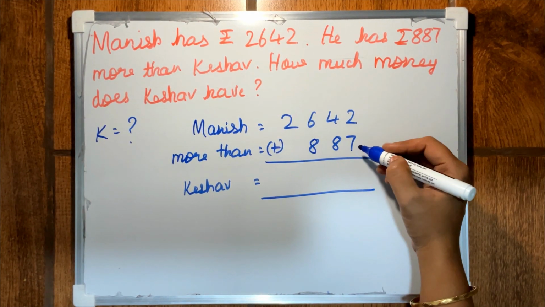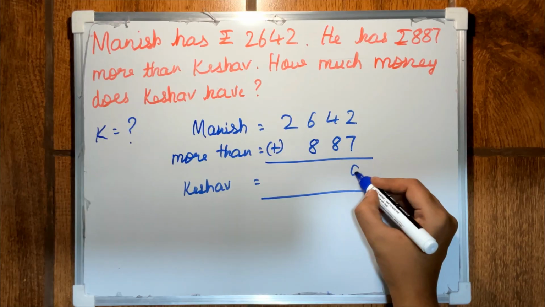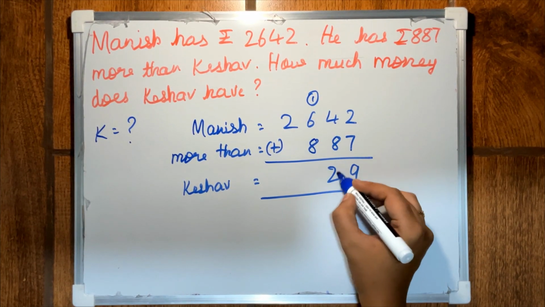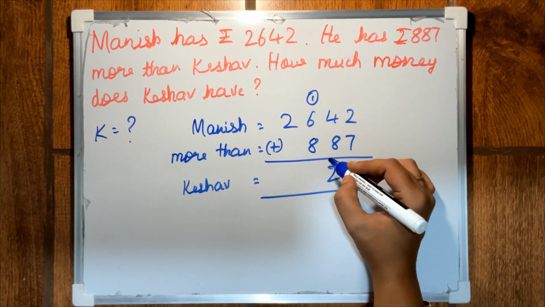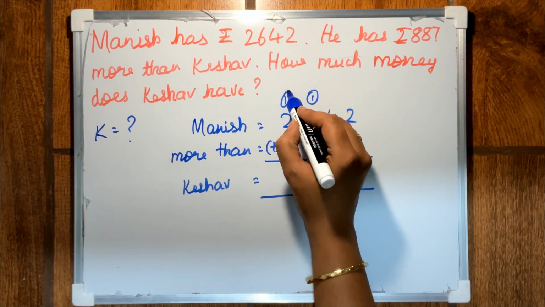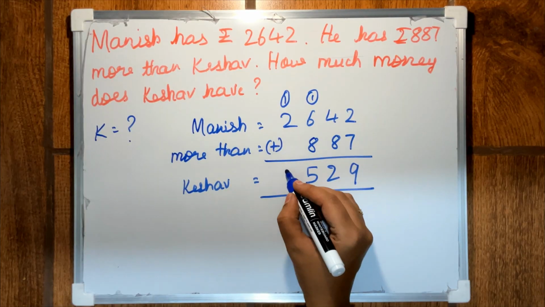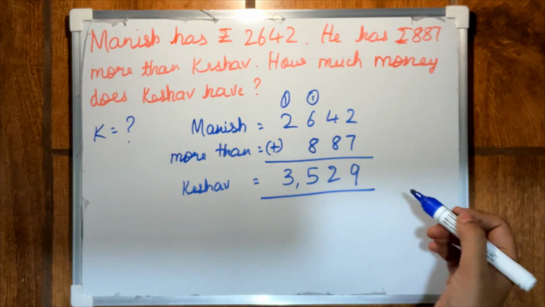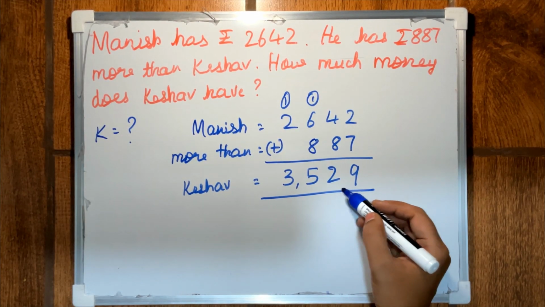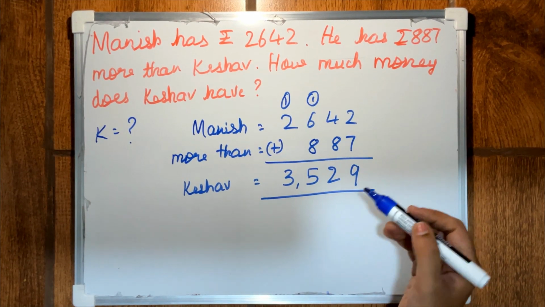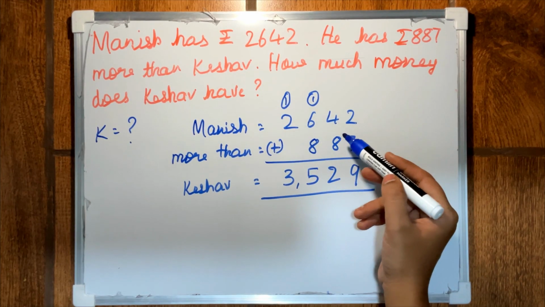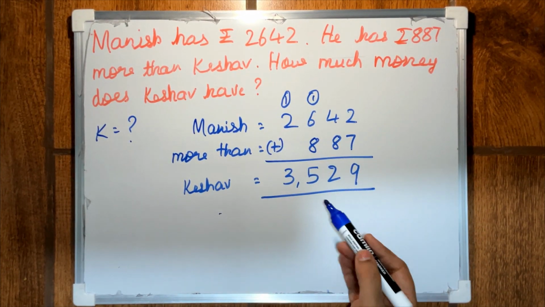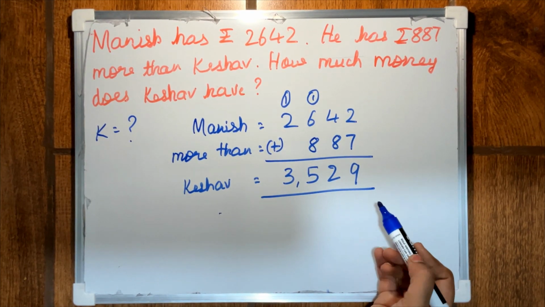Let's solve it. 2 plus 7, 9. 4 plus 8, 12. 1 plus 6, 7. 7 plus 8, 15. 1 plus 2, 3. So what is the amount Keshav has? 3529. Now compare the amounts. Manish has 2642, whereas Keshav has 3529.